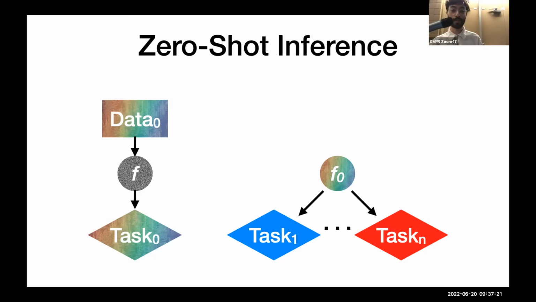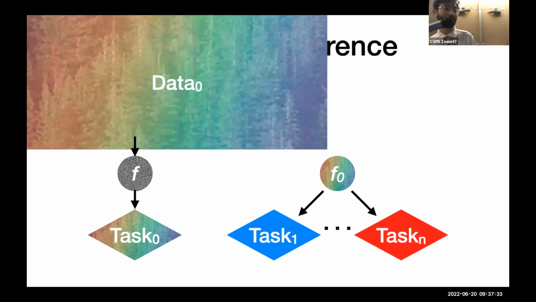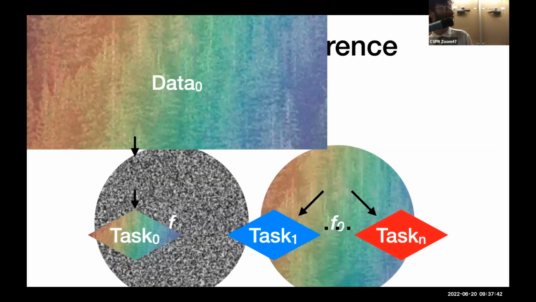But one thing to note is that it's not just about the objective that you choose at pre-training that allows this to happen. There are a few other magical components. The first is data. So your data probably should look more like this. And then you all probably see where I'm going, but your models should also probably look more like this. So they don't really fit on the slides anymore.